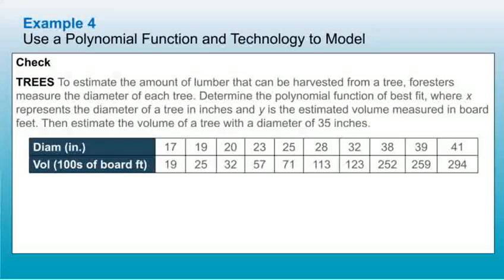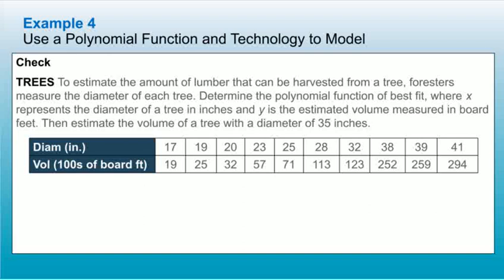Our last question here says to estimate the amount of lumber that can be harvested from a tree. Foresters measured the diameter of each tree. Determine the polynomial function of best fit, where x represents the diameter of a tree in inches, and y is the estimated volume measured in board feet. Then estimate the volume of a tree with a diameter of 35 inches.